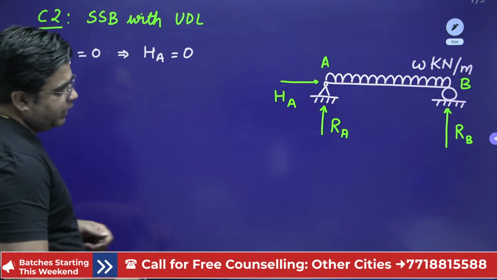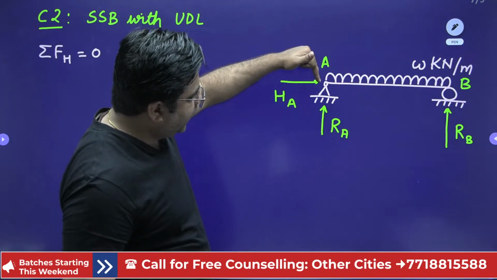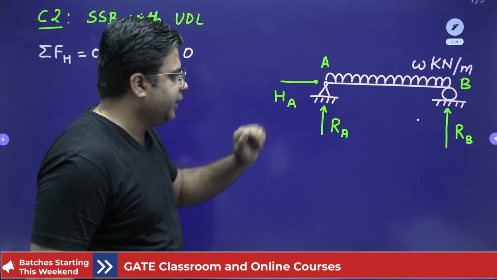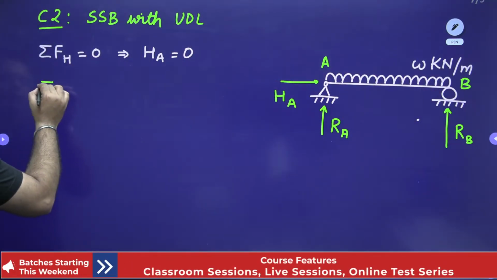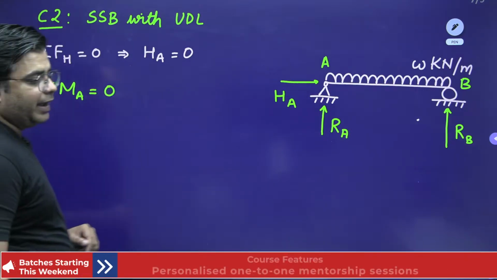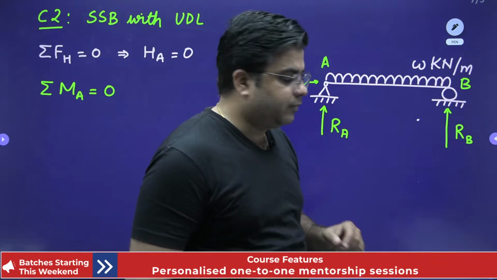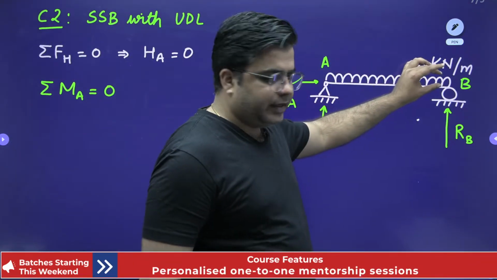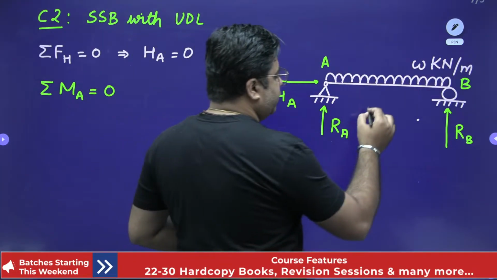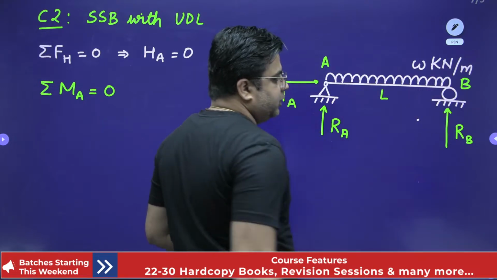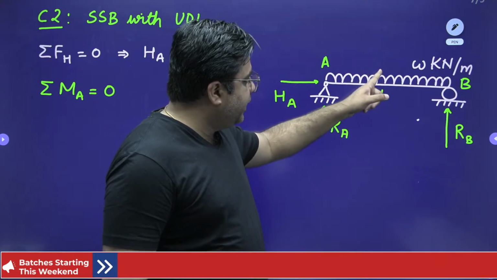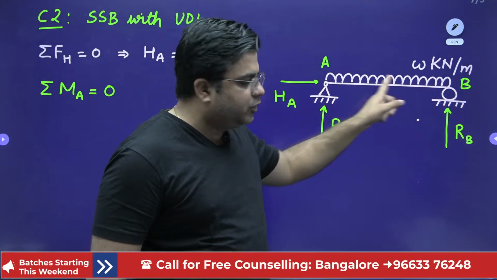Then stand at point A and take the moment of this UDL and this RB about point A. So the summation of moment about point A should be equal to 0. I have already told you in the previous session, whenever a UDL is acting, the total load will be W into L, W into the length L of the beam. This is the total load. And this total load of W into L will be acting at the CG of the UDL.